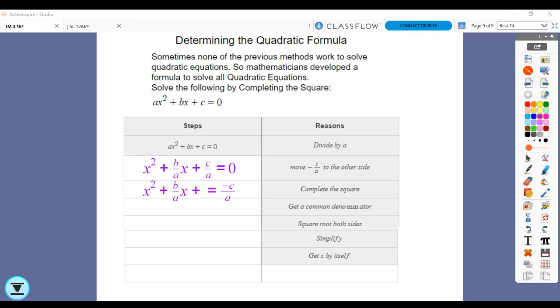Yeah, this isn't the best thing. All right. Now, I'm taking half of this and squaring it. So what is it that I have to add to both sides? I have to square b over 2a.